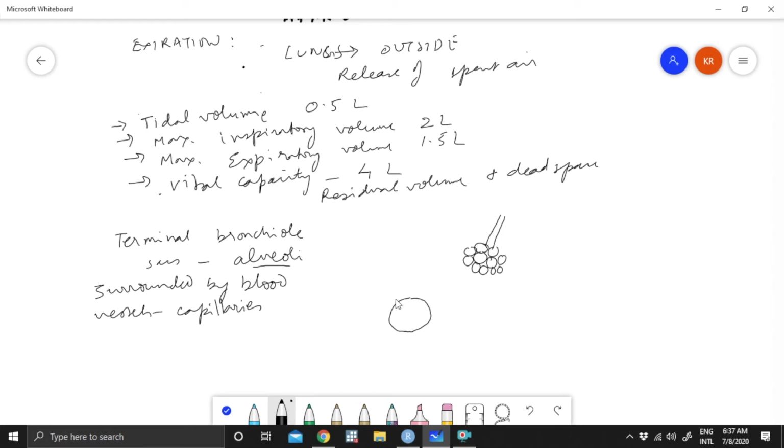So this we can draw over here. There will be one layer of cells surrounding the alveoli. Let's draw a bigger diagram. So if this is the alveoli, there are cells over here.